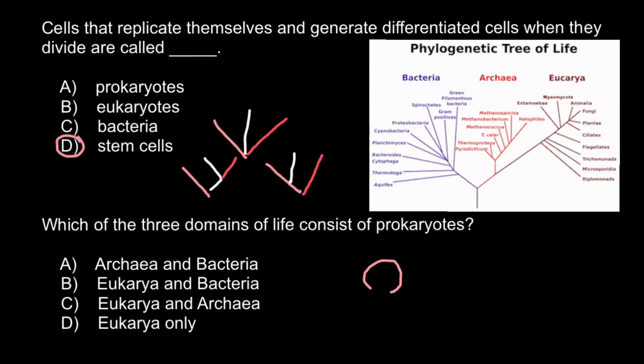So these are unicellular organisms. Some of them have flagellum, some of them have pili, and pili are structures on the surface of both bacteria and archaea that allow them to attach to different media or to other bacteria or other archaea.